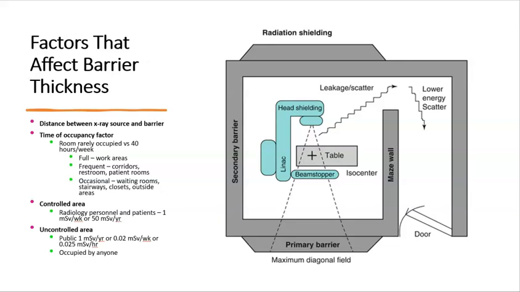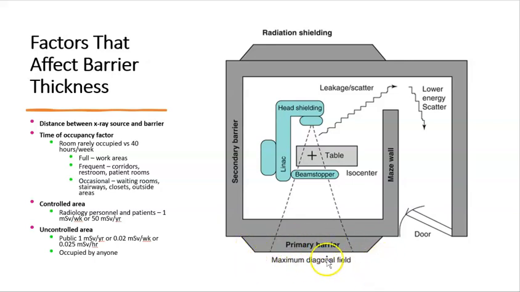So if it's in the x-ray room, it's considered a work area, and we do full occupancy factors for that. If it's in a hallway or a restroom, it's considered frequent. Occasional is where, on the other side of this wall right here, there would be a hallway.